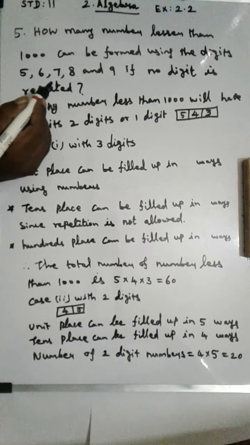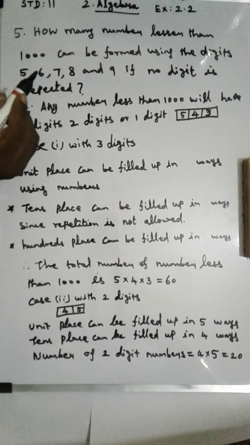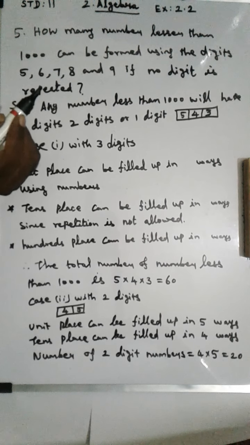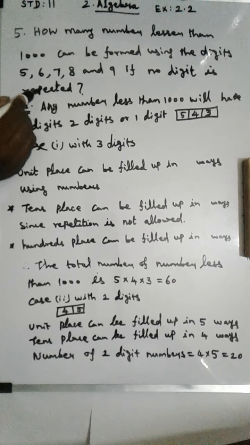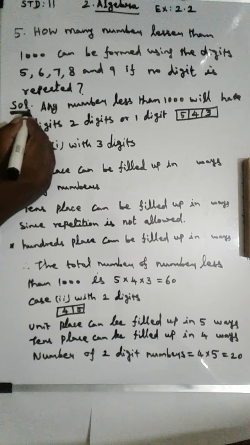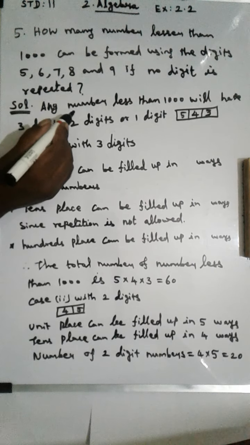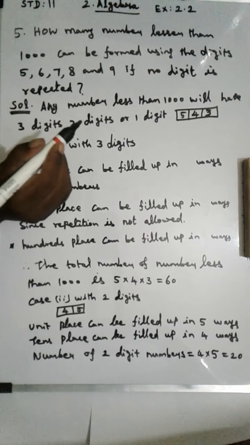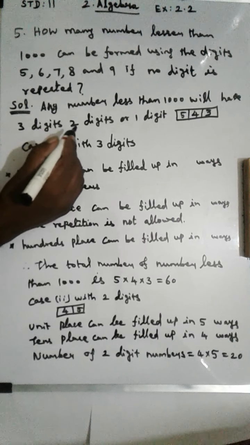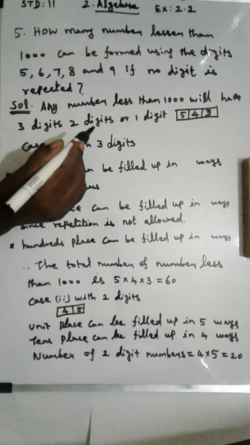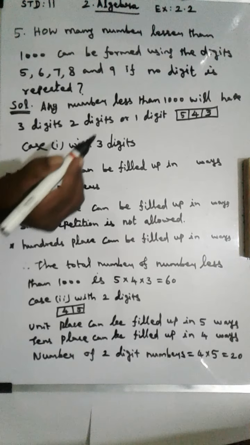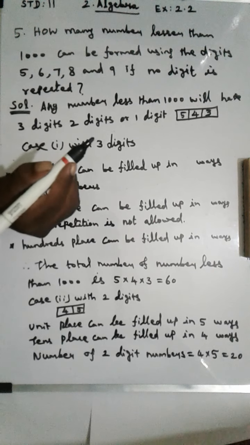Only these numbers we use. We need to find how many numbers less than 1000 there are. Any number less than 1000 will have 3 digits, 2 digits or 1 digit.